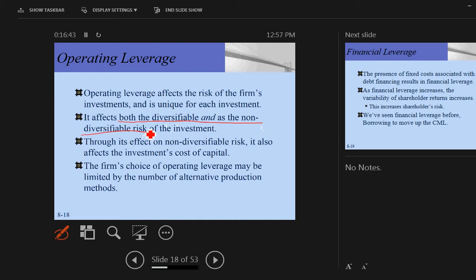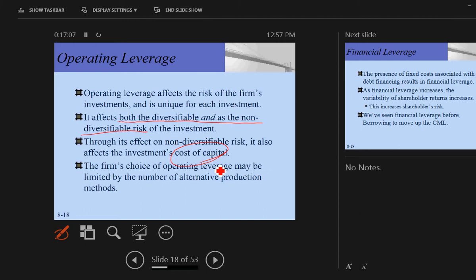And because it affects the non-diversifiable risk, it's going to affect the cost of capital, right? Recall that cost of capital based on CAPM is related to non-diversifiable risk. Now, if you have a higher non-diversifiable risk, you have a larger beta, and as a result, due to CAPM's structure, you're going to have a higher cost of capital.